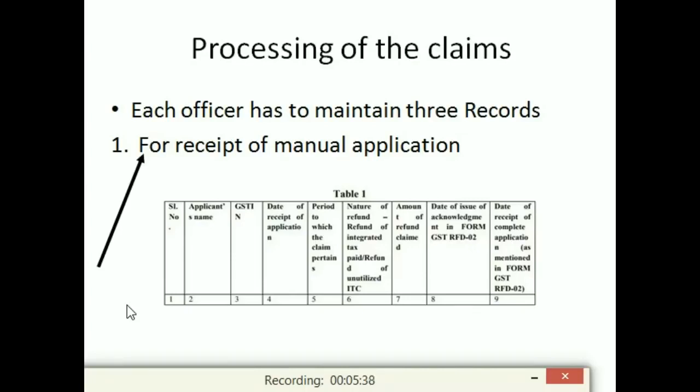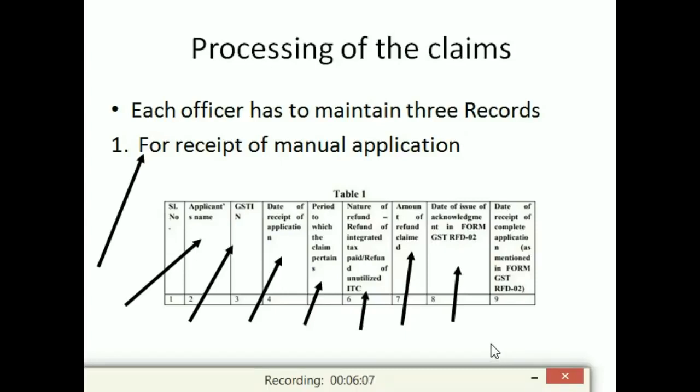That includes the applicant's name, GST number, date of receipt of application, period to which the claim pertains, nature of refund, amount of claim, and date of issue of acknowledgement.